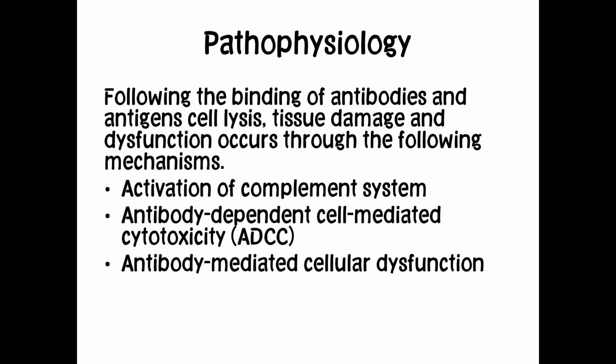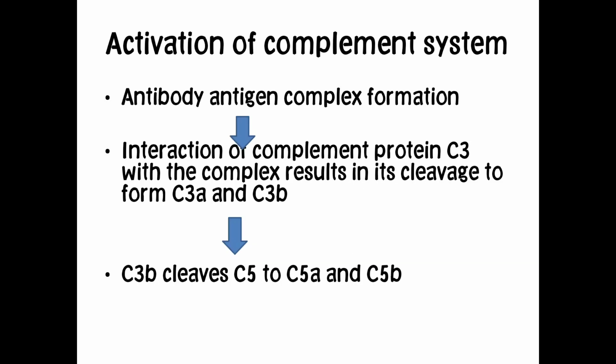All these are mechanisms through which the immune system destroys the target cell after it has been tagged by immunoglobulin M or immunoglobulin type G. We are going to discuss each mechanism in detail in the slides to come.